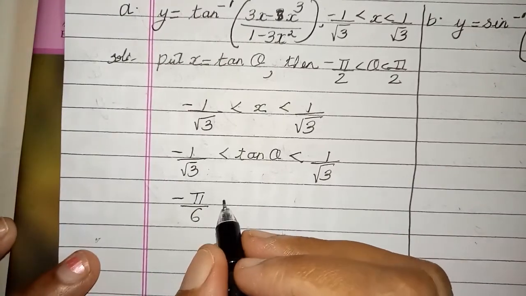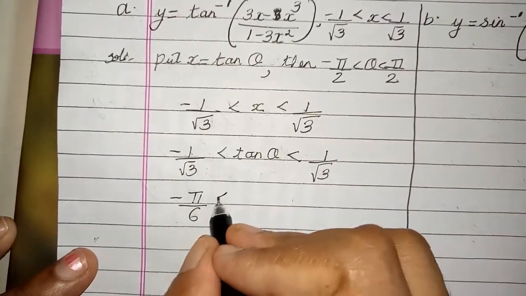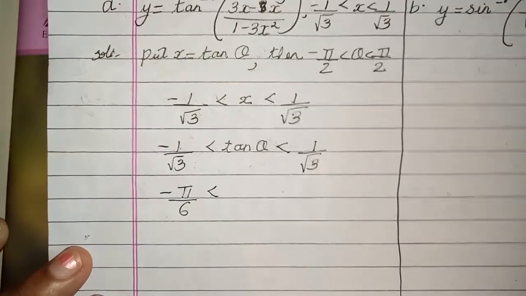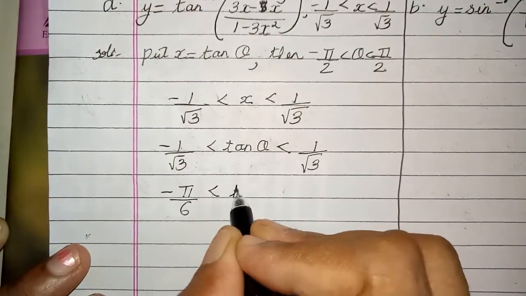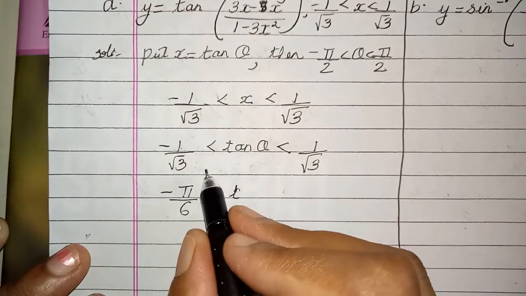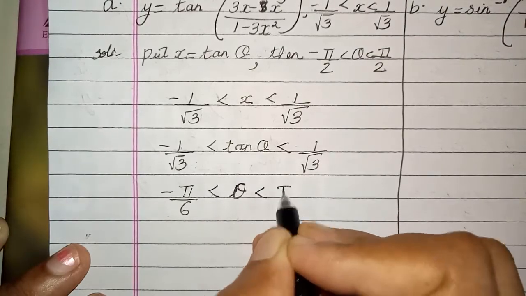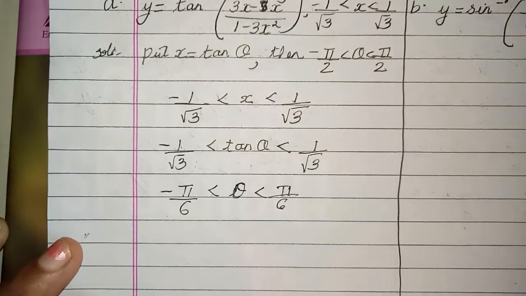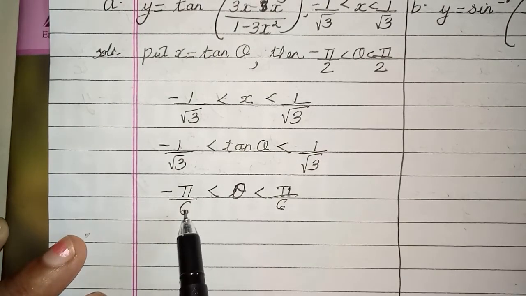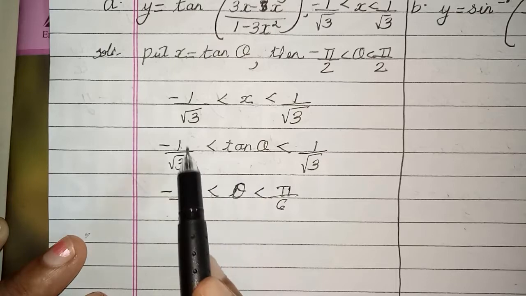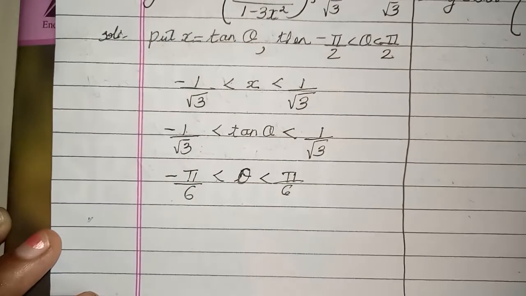So I will substitute here, this is tan theta, right? So here theta's value will be between this. Do you understand? Because for theta equal to minus 30 degrees also, tan theta is minus 1 by root 3.